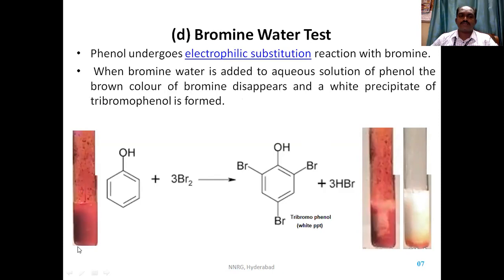See, in your first test tube you got brown color, but when you are adding bromine solution, it is turning white, then completely turned white. This whiteness is because of tribromophenol. Bromine undergoes substitution in the ortho and para positions to form tribromophenol, which is a white color precipitate. So formation of a white color precipitate indicates the presence of phenol.